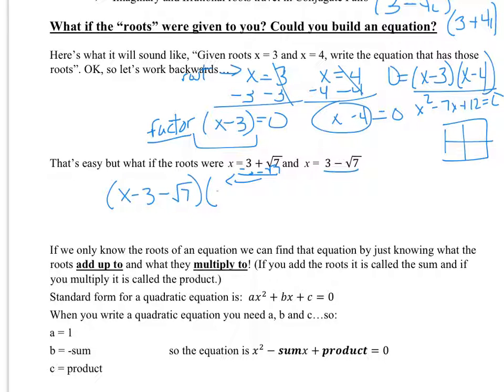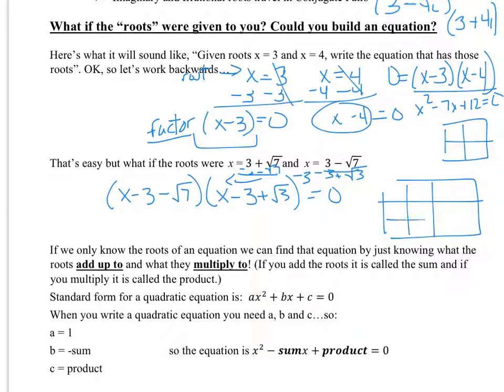And the other factor is x minus 3 plus radical 7. I'm not doing this, but if you want to, this is always a possibility.